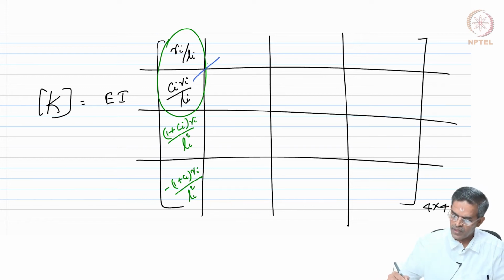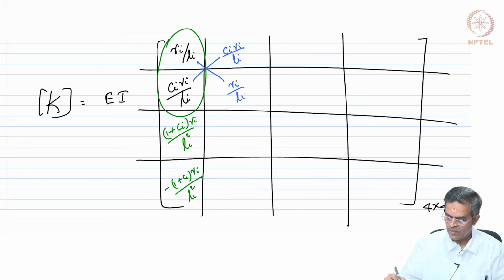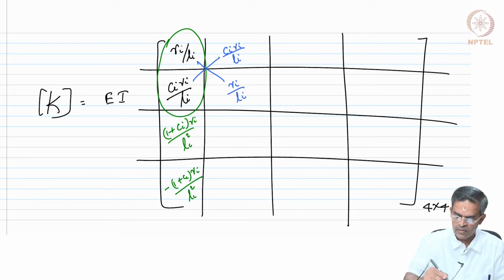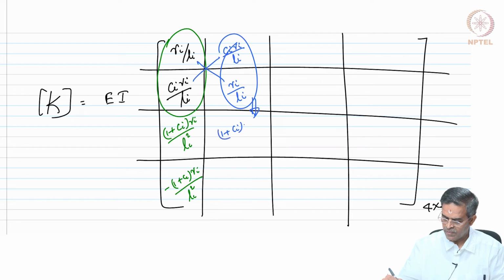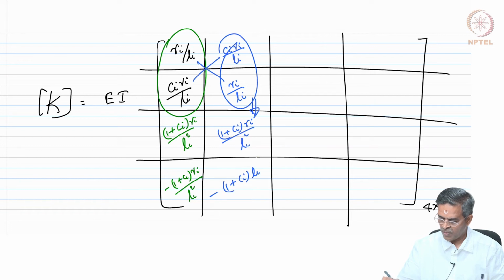The second column is swapping of this. And sum of these 2 by Li, and the last one is negative of the previous one.